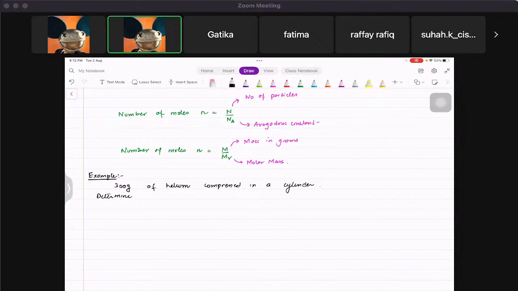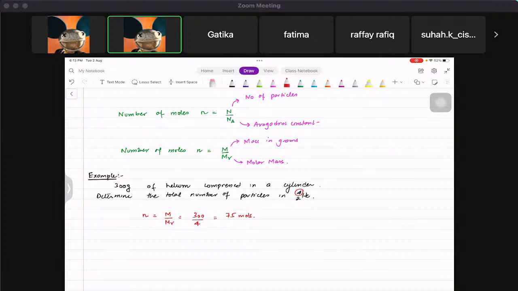Determine the total number of particles in helium, which is given by 4 and 2, like that. Because we have mass and molar mass, first of all we would like to find the moles, which is m over Mr. The mass is 300 divided by 4. 4 comes from here, and then this will be 75 moles.